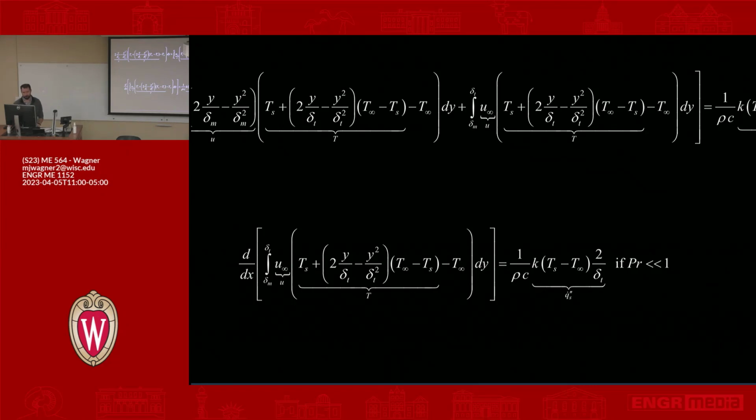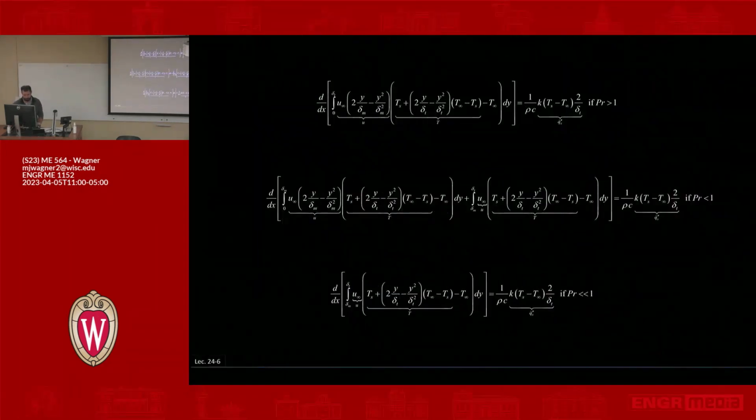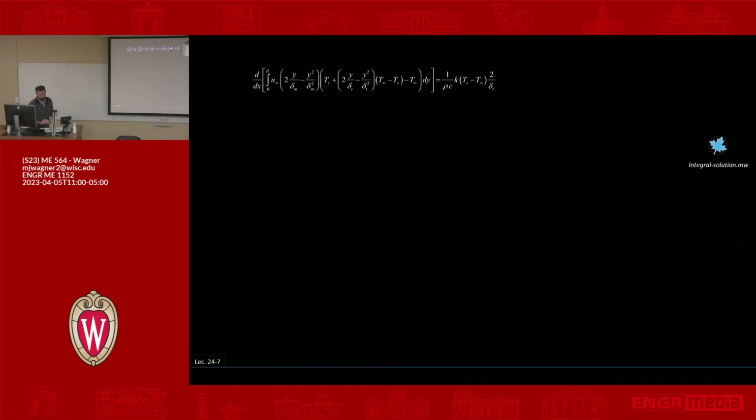Questions on that part of it? So then let's go through the final steps here to get the actual ODE. We have our integral form of our equation up on the top. What we're going to do is make that Prandtl substitution.